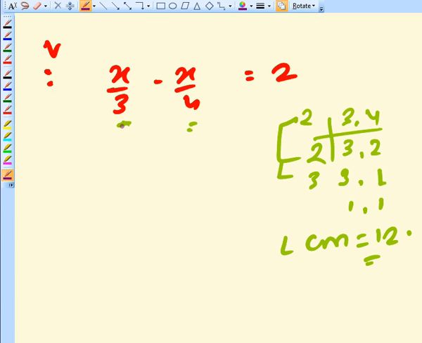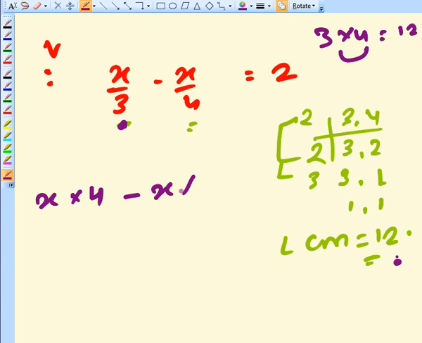Now 3 is a multiple of 12. Sorry, 12 is a multiple of 3. And as you know, 3 4s are 12. So you will multiply x by 4 minus 12 is a multiple of 4, and as you know 4 3s are 12. So you will multiply x by 3 upon 12 equals to 2.